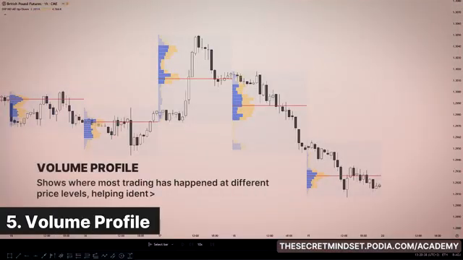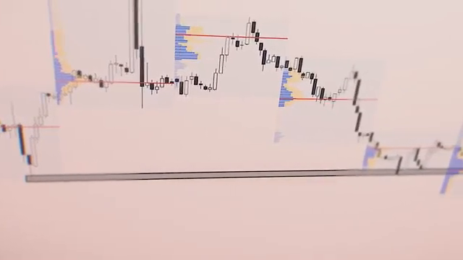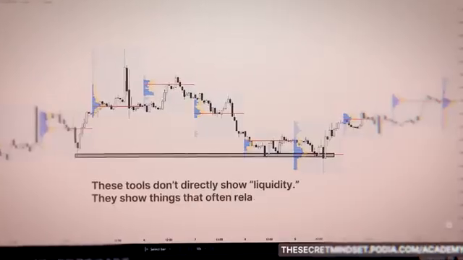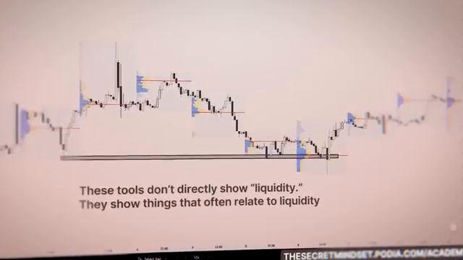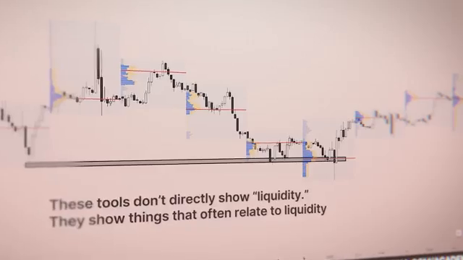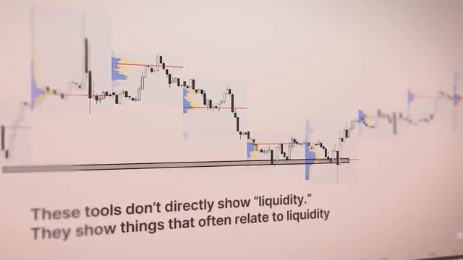This shows where most trading has happened at different price levels, helping identify high liquidity zones. It's best to use a mix of tools and combine them with market structure and price action. Also, these tools don't directly show liquidity. They show things that often relate to liquidity. You still need to interpret what they're telling you.